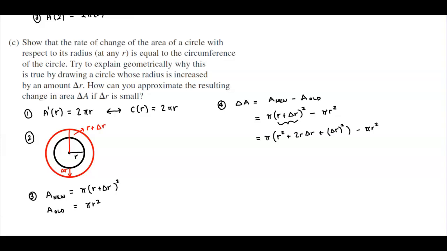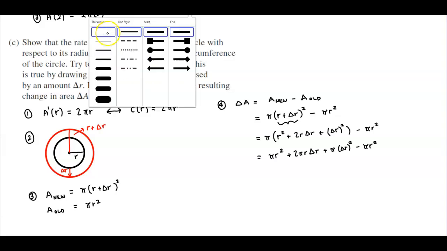So the next thing we want to do is we have pi r squared plus 2 pi r times the change in r plus pi times the change in r squared, minus pi r squared.